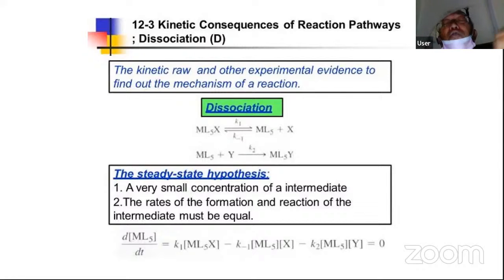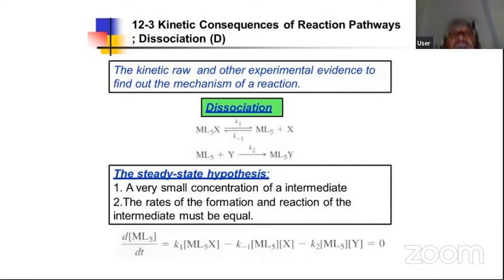Since the activity coefficient is considered 1, the activity is the same as the concentration. So the rate depends on the concentration. You change the concentration, you change the rate. So we have to establish the rate law. What is the equation that correlates the rate and the concentration?